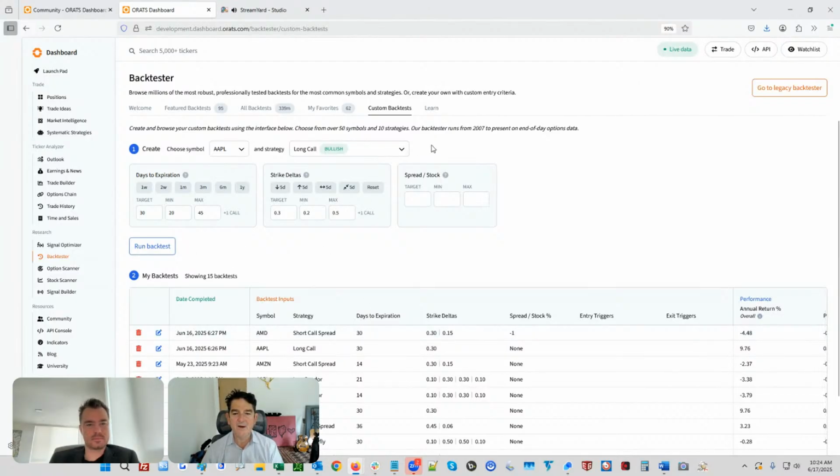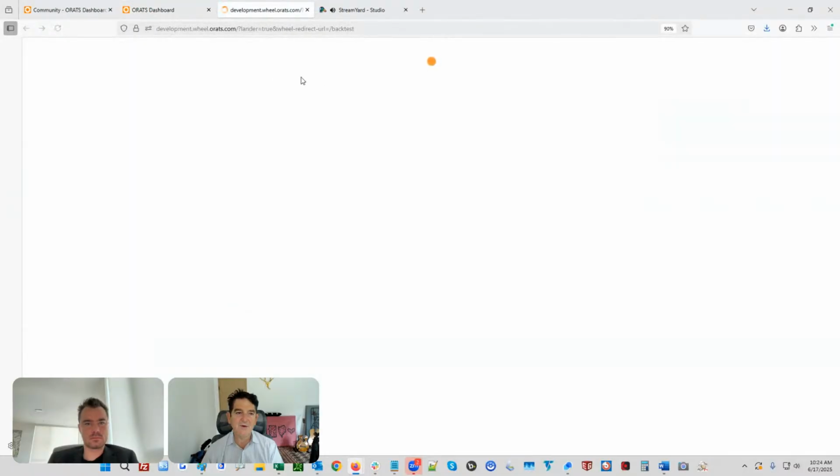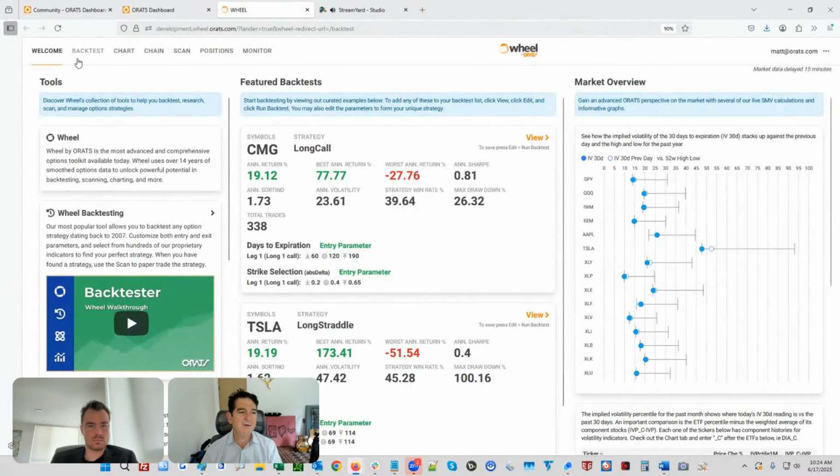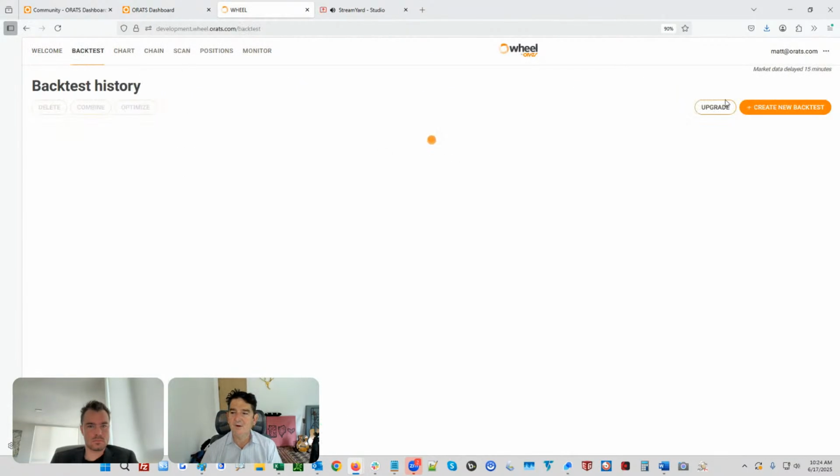If you really want to get customized, then you go to the Legacy Backtester, and this is what we've been hosting for well over 10 years now. It's not built on the latest technology, but it has a lot of bells and whistles in it, and people are used to it. So if you have a little bit more patience, you could look at some.